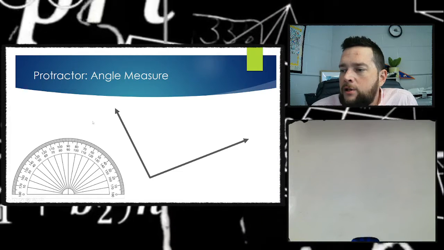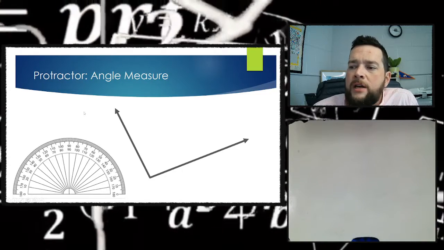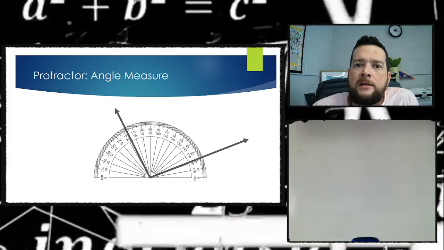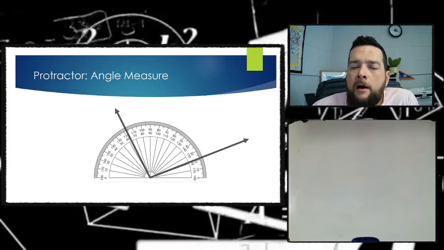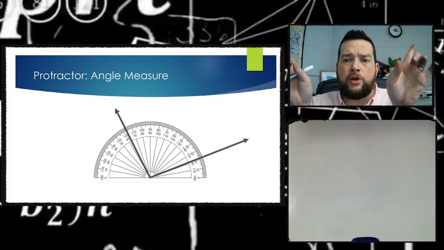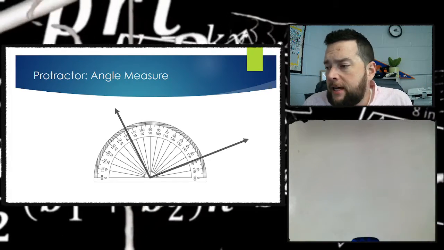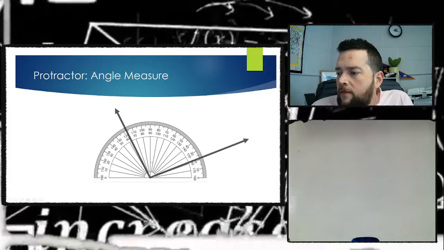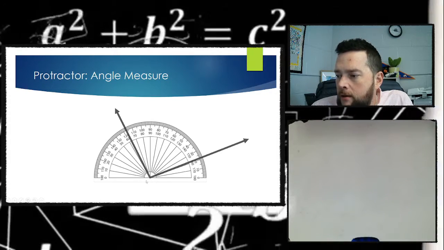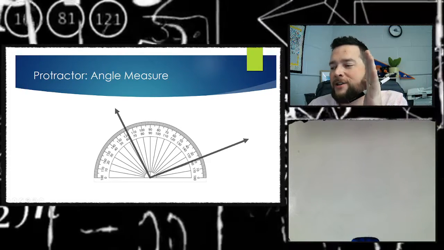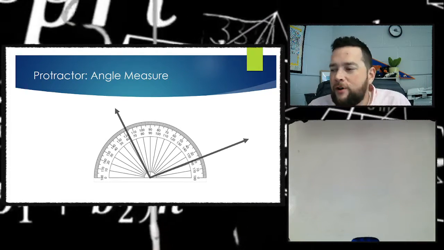So the first thing you need to do with the protractor is line up the protractor where the bottom middle of it is on the vertex of the angle, or on the common endpoint. The common endpoint for the 2 rays is called a vertex. So we have lined up the middle center of the protractor on the vertex of the angle.